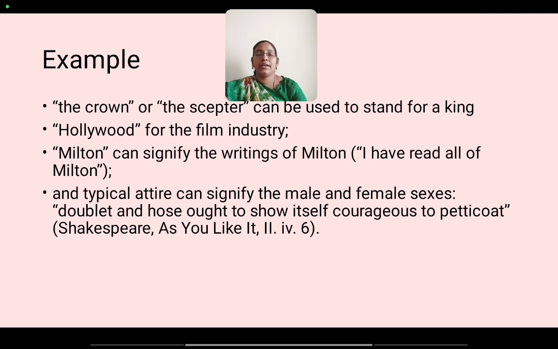Doublet and hose are worn by male members, and he says they should show themselves courageous to petticoat, which is worn by females. So Shakespeare brings in these two things, but uses them for persons. Petticoat is a dress, but here he is referring to the female person. So it's a change of name, and that is called metonymy.